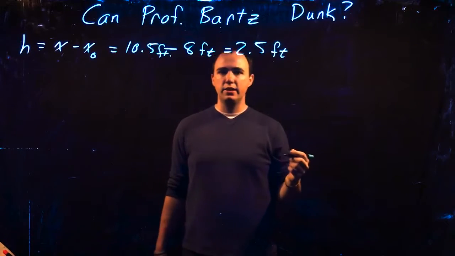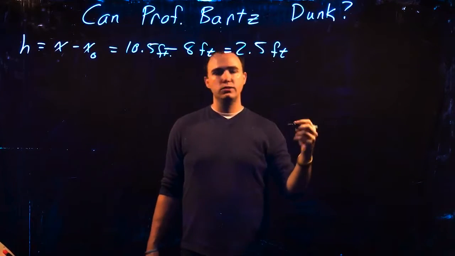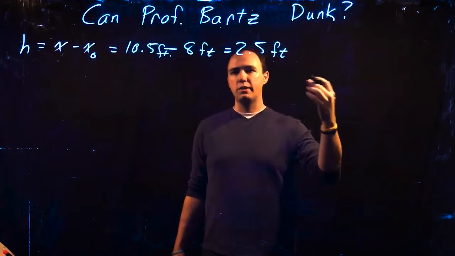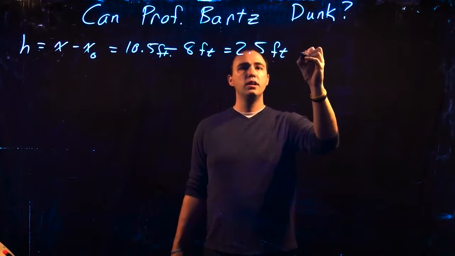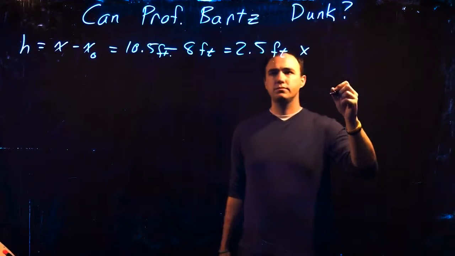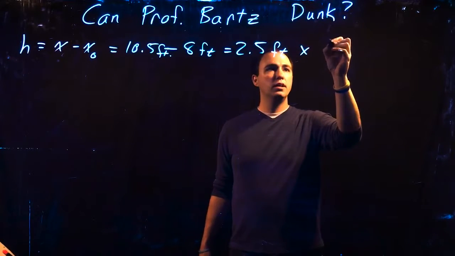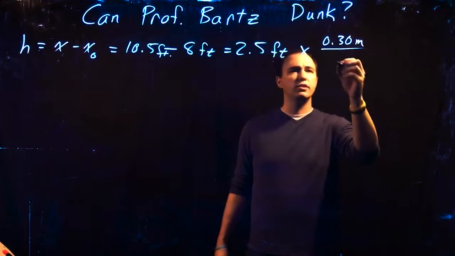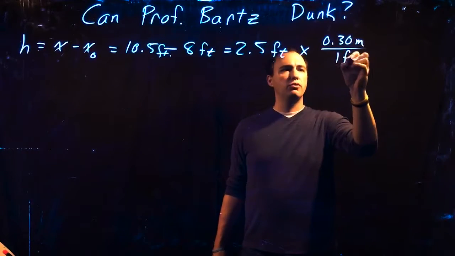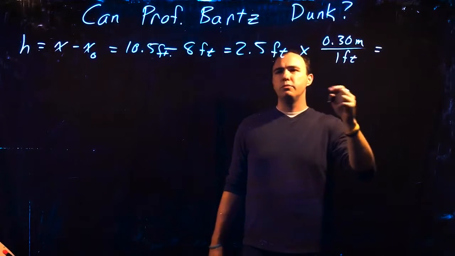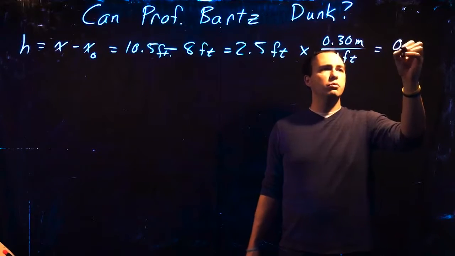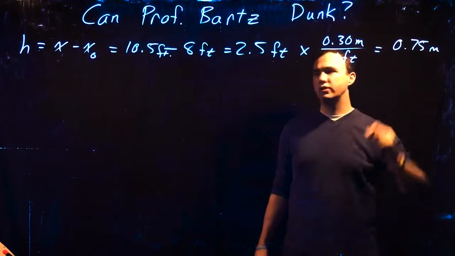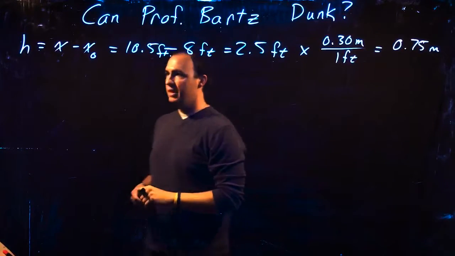We need SI units. So I know just from looking at rulers that there's about 30 centimeters in a foot. So I can convert this. 0.30 meters, that's good to 2 sig figs, divided by 1 foot is going to give me 0.75 meters was how high I used to jump.